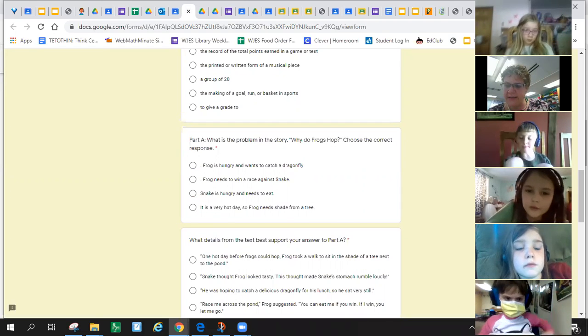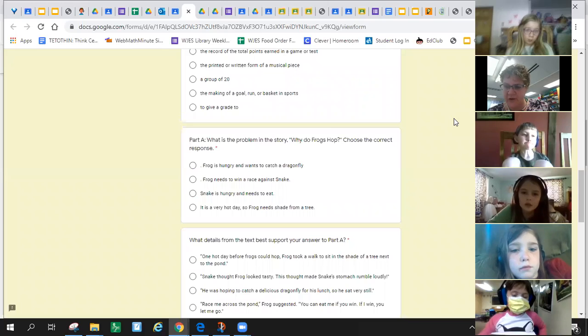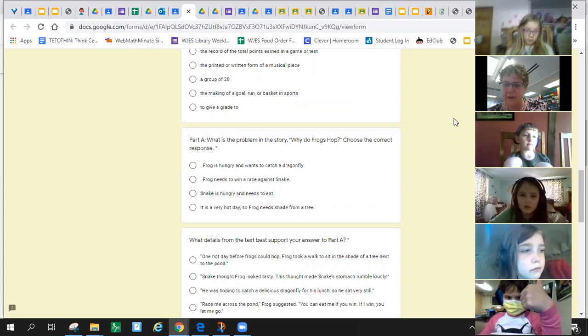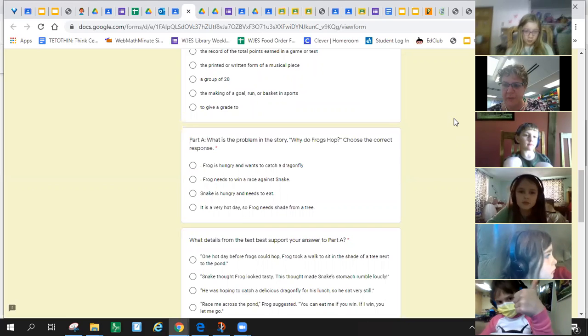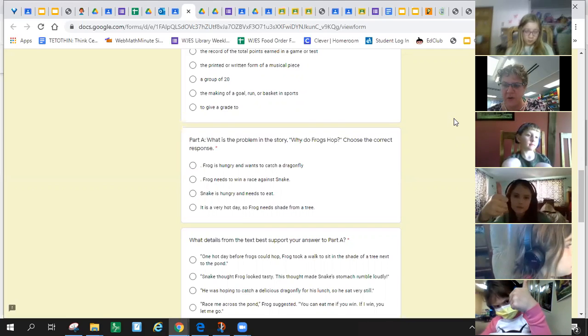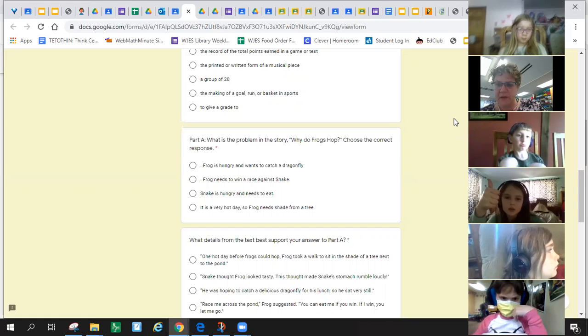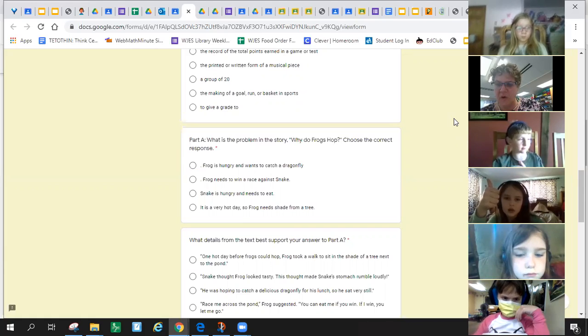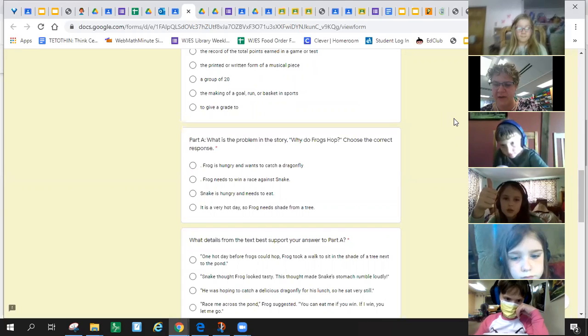All right. Lila, you have all 3 of your windows open? Okay. So you're giving me a thumbs up when you have all 3 of your windows open. Cole, do you have all 3 of your windows open? Mr. Cole, are you working on getting all 3 of those windows open for me? Okay, good. Miss Isabella, how's it going?